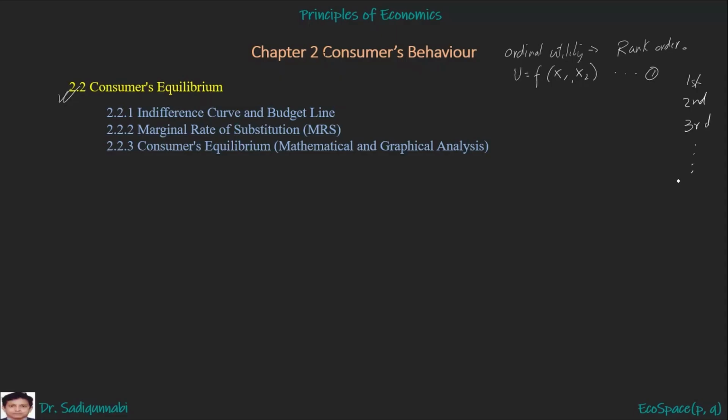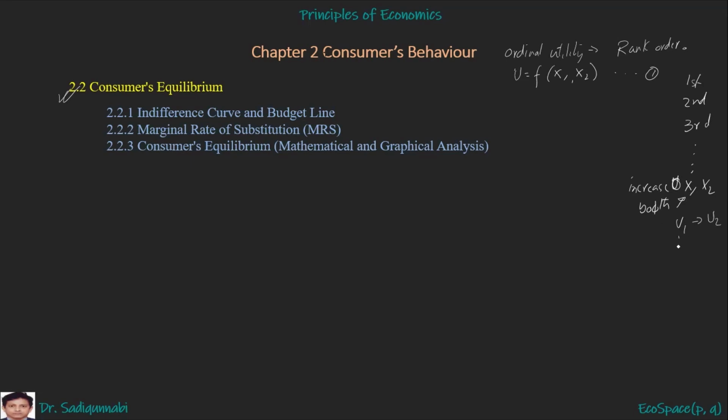So when you increase both x1 and x2, then utility becomes u1 to u2.